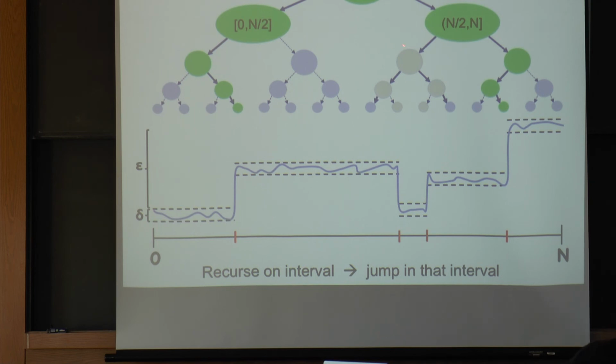And this weird color represents intervals that do have a traitor, but that we still did not recurse on. The point is that if we ever recurse on an interval, it means there was a large variation across that interval. And by the security properties of our broadcast scheme, we know that means there is a jump in that interval, because you have very little variation as long as your interval doesn't have any bad guys in it.